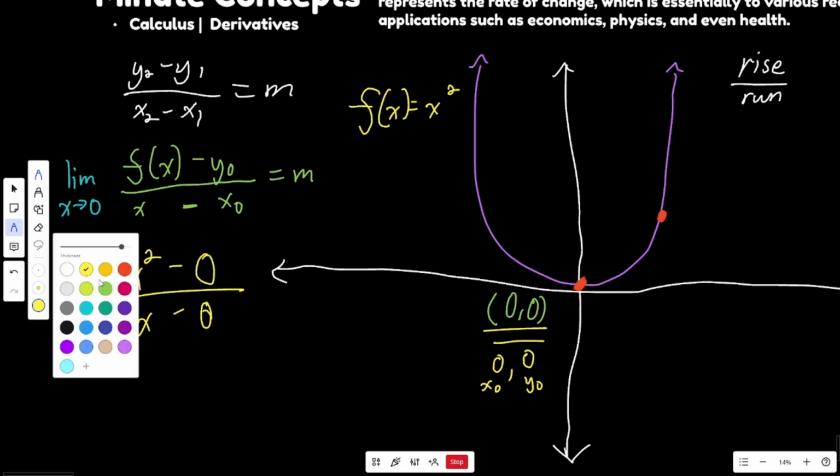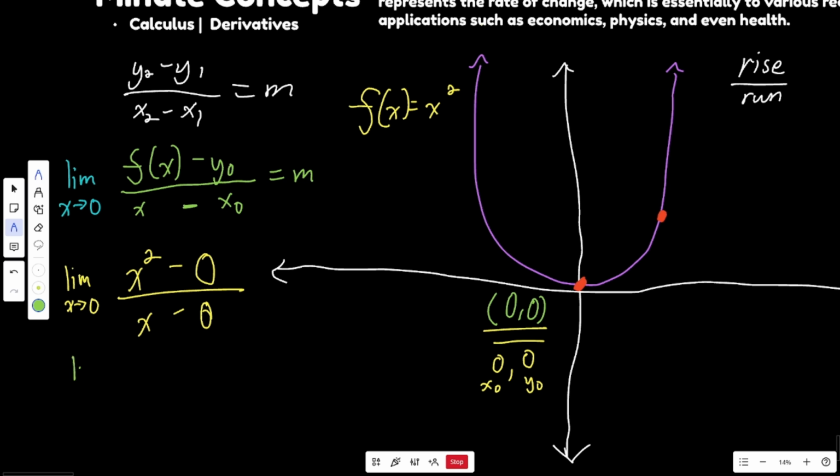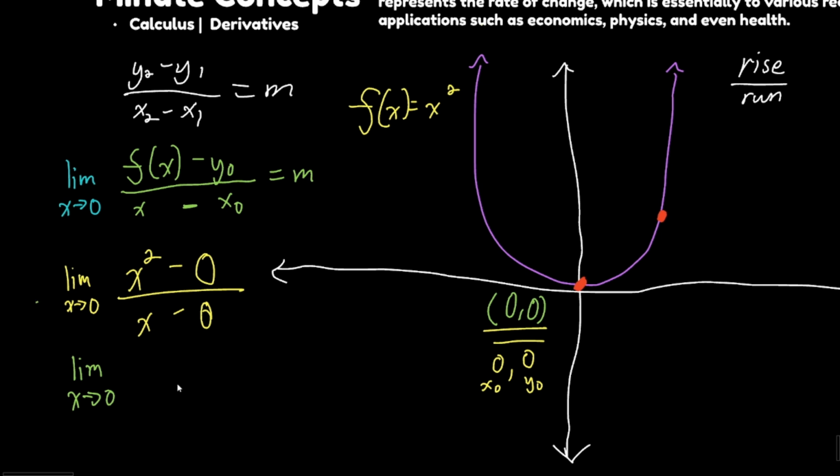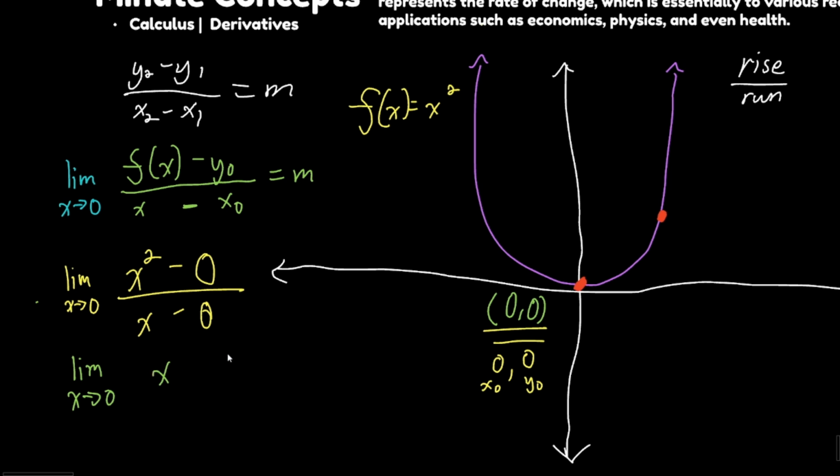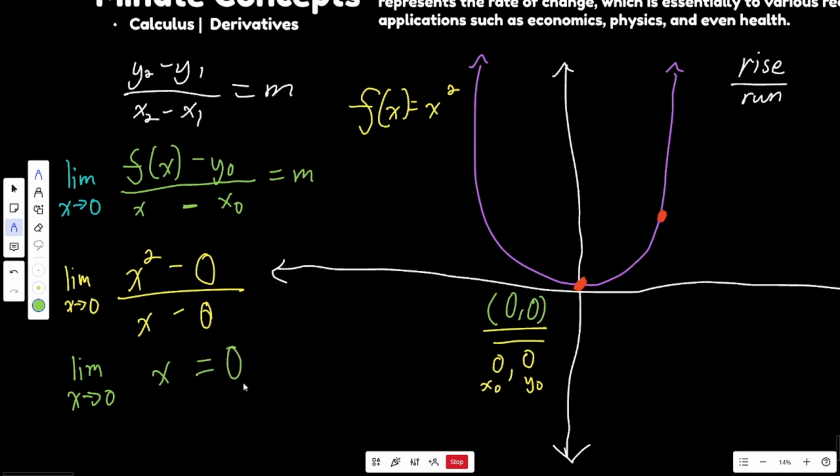Now, we can simplify this so that we don't get an indeterminate form. We'll get the limit as x approaches 0 of x squared over x, which simplifies to x. And that's the identity function. This means that the limit as x approaches 0 of the function x is equal to 0. This is our slope. This is our slope right here.